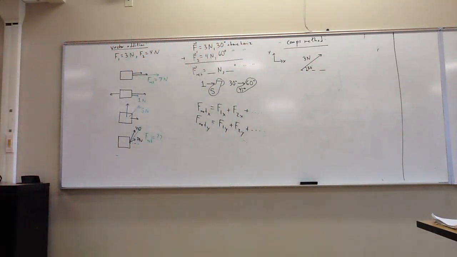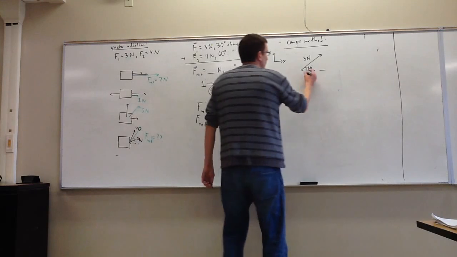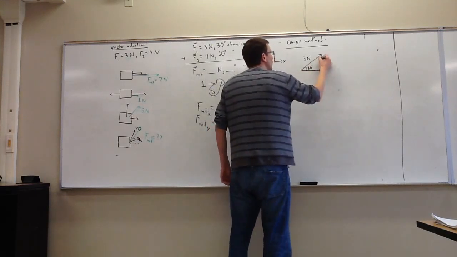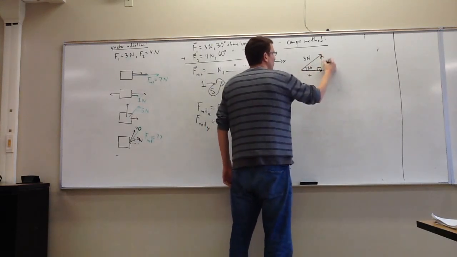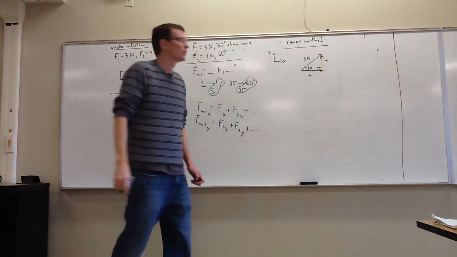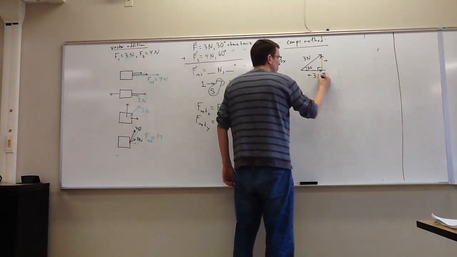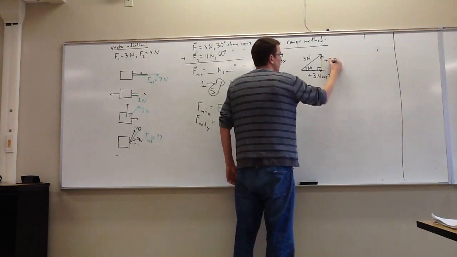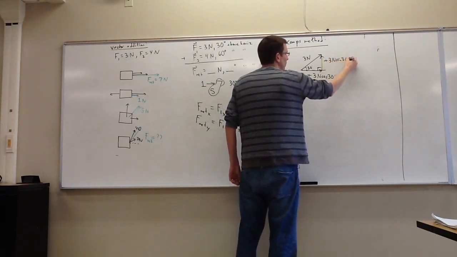Let's go ahead and just get its components. So you should be able to do it this fast. Positive component, positive component. Size here, 3 newtons cosine of 30, 3 newtons sine of 30. Okay?